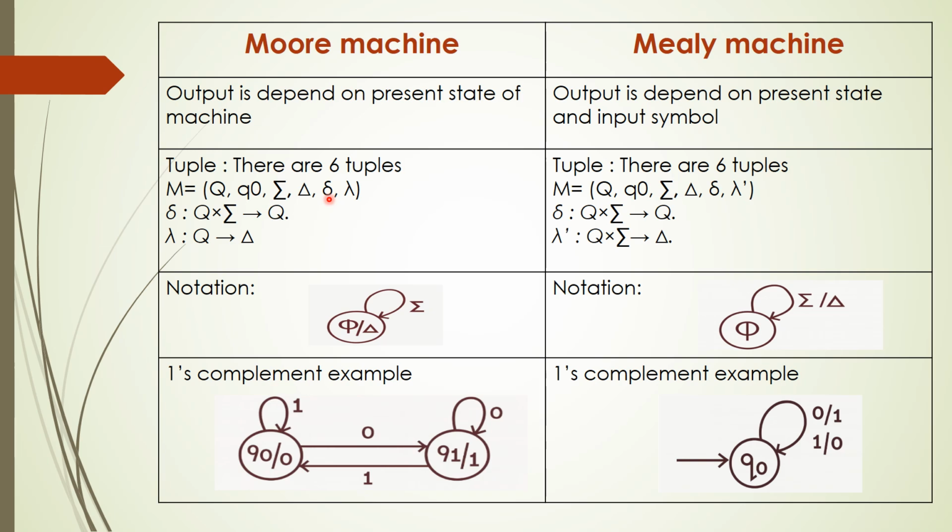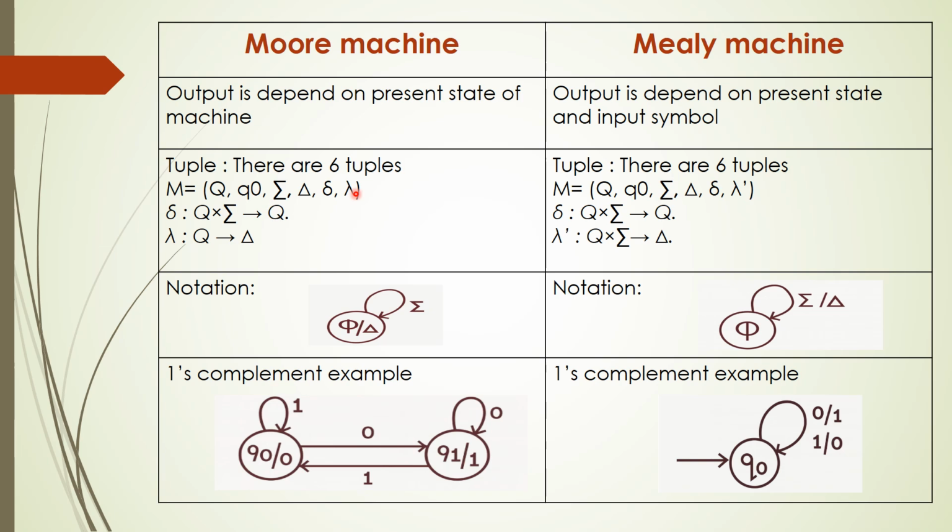But there are two different symbols used in Moore machine and Mealy machine: the output symbol, and the output function, which generates an output. This output function is the main difference between Moore machine and Mealy machine.